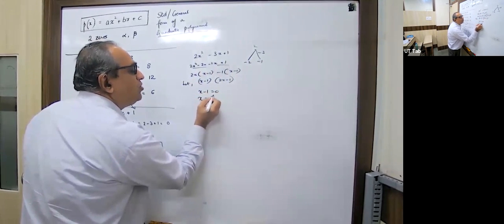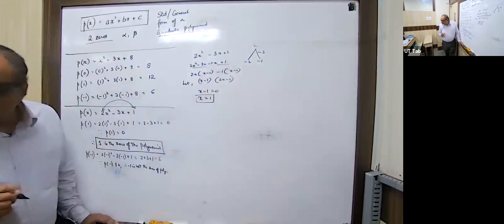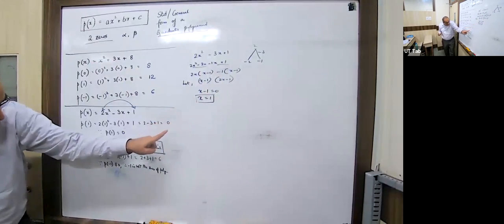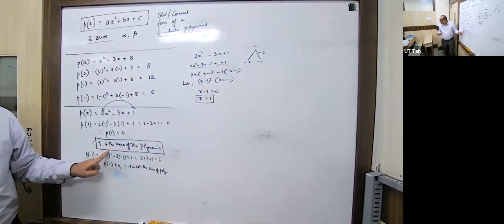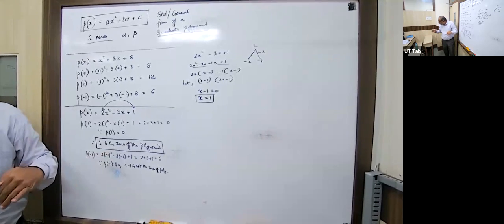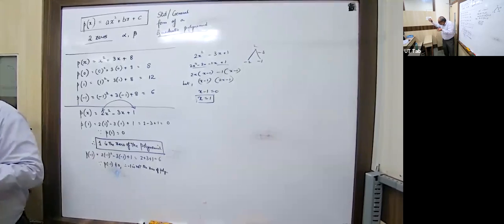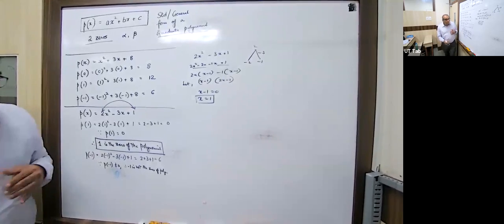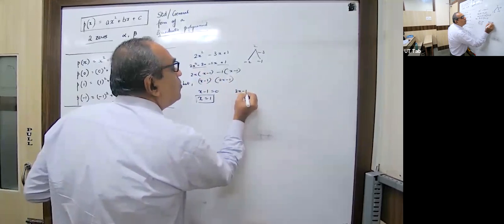So x is equal to, that is why we have got. Because it's a 0 of the polynomial, that is saying let this be equal to 0.